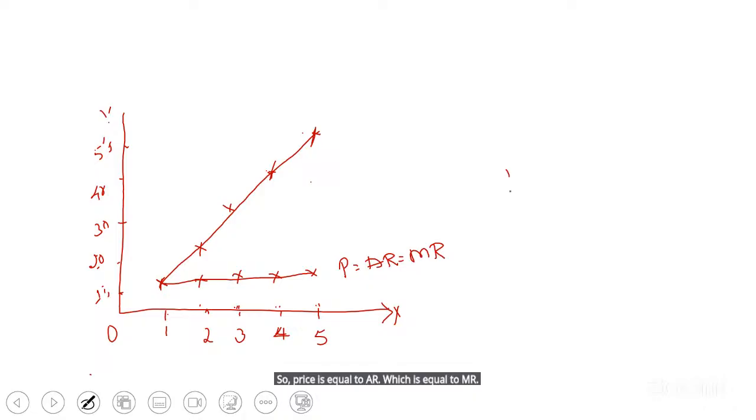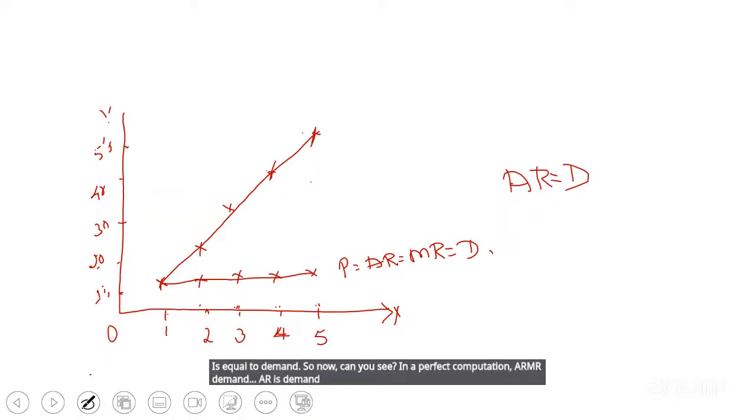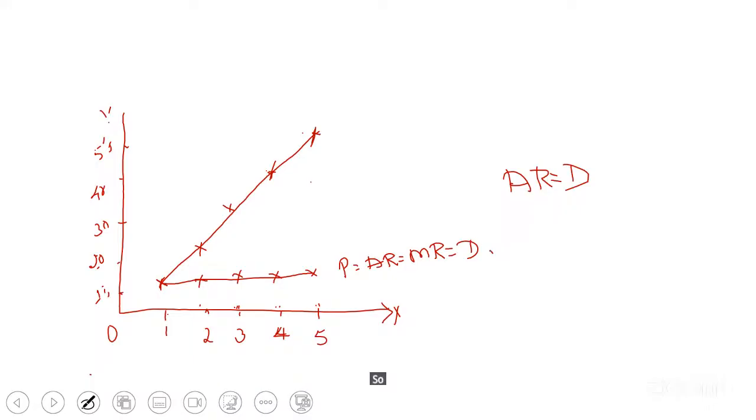Average revenue is always equal to demand in any case. So now can you see that in perfect competition AR, MR, demand and price are all a horizontal straight line, because of the single, same price? AR is the demand line everywhere, whether it is perfect competition or imperfect competition.